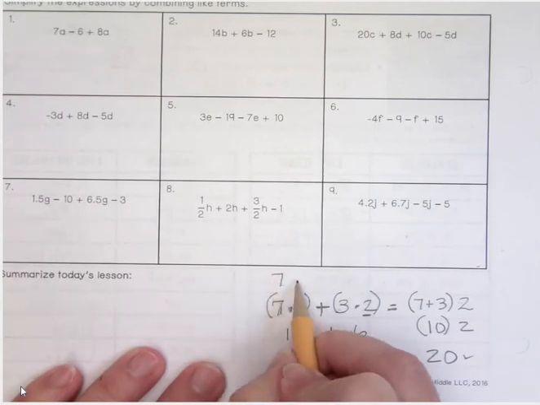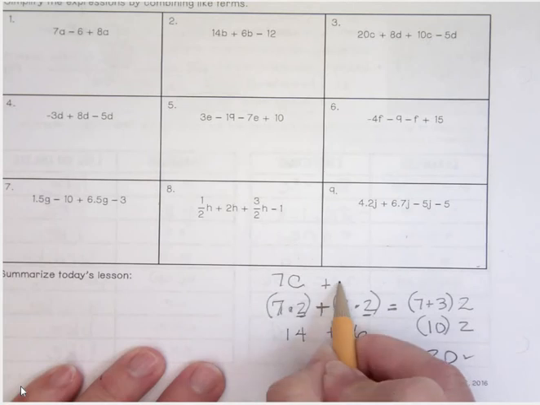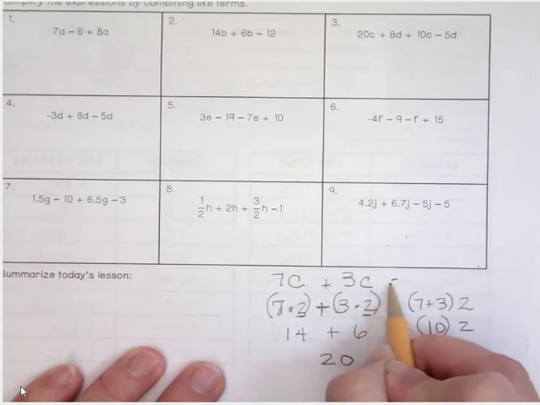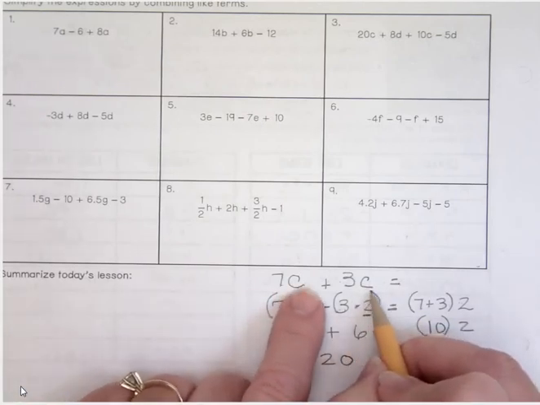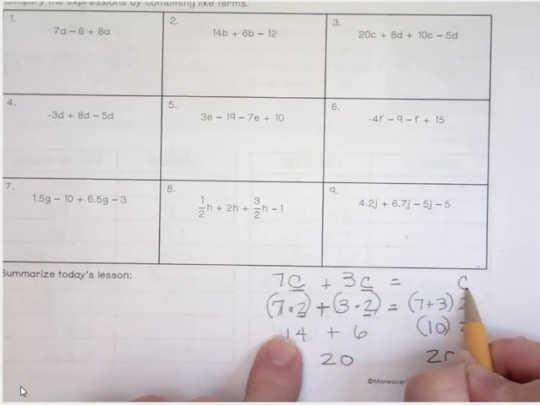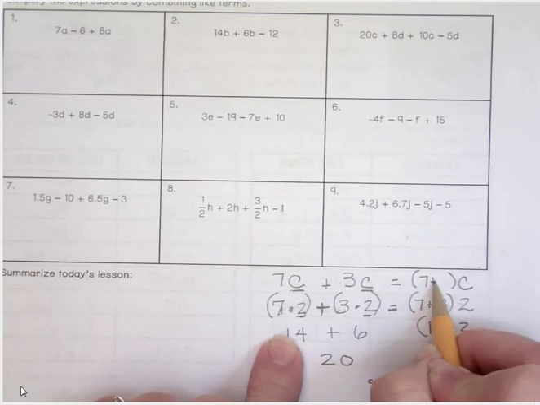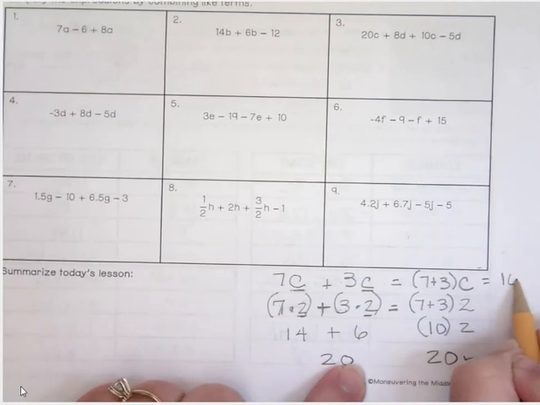Let's just say that I have 7C and 3C. Then what I'm doing, and that distributive property, is I'm factoring out that common variable and I'm summing the coefficients, which we can continue at this point to get 10c.